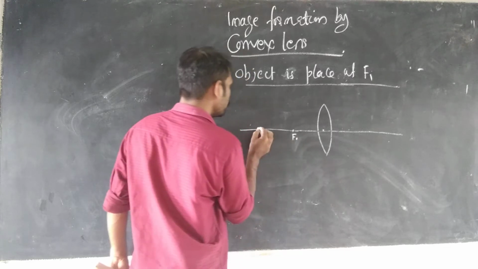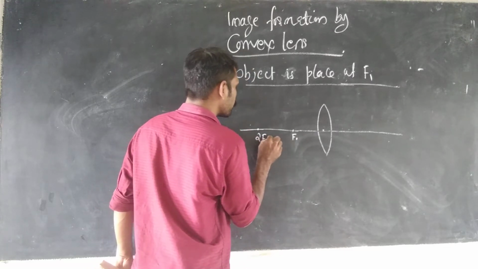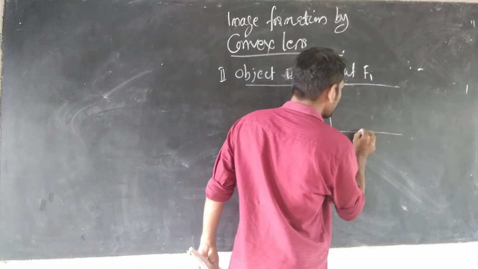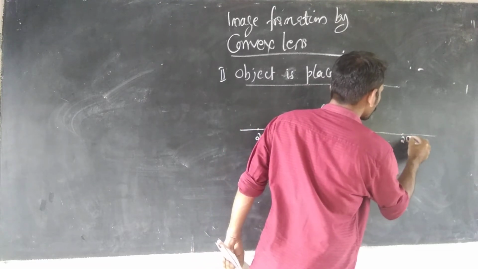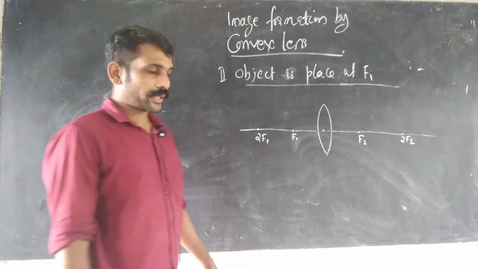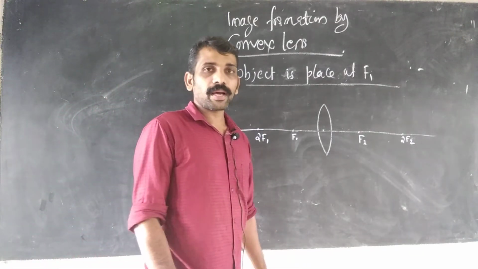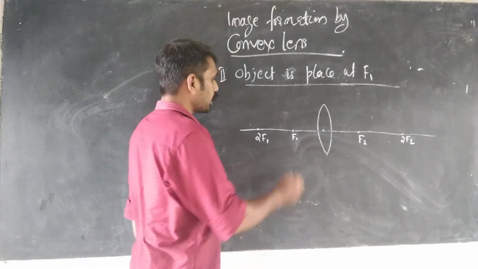This is f1, this is f2, and this is 2f2. Suppose here we are placing our object at f1.